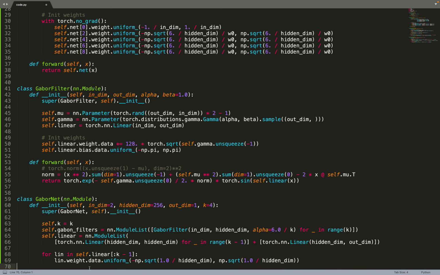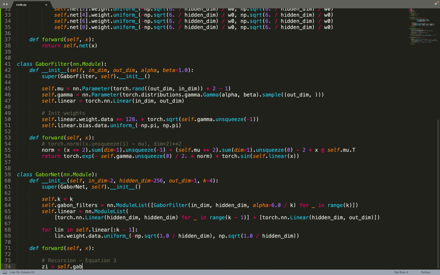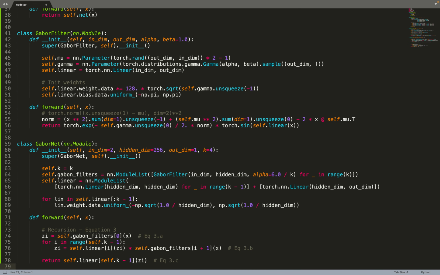Again, we need to initialize the weights of those linear layers appropriately. And once this is done, we can override the forward function. So we just implement equation 3 recursively. This is similar to a sequential layer in PyTorch.